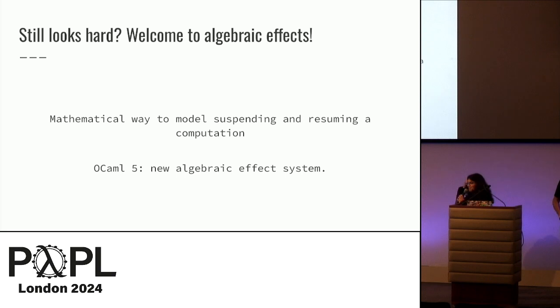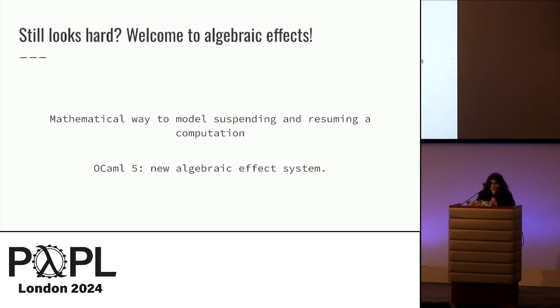Yeah, so that magic number error was something I got a lot and never figured out for some reason. I was talking to Emilio about incremental computation and algebraic effects, and we were like, OCaml 5 has a new algebraic effect system. If you're not aware, algebraic effects are just a way to model suspending and resuming a computation.